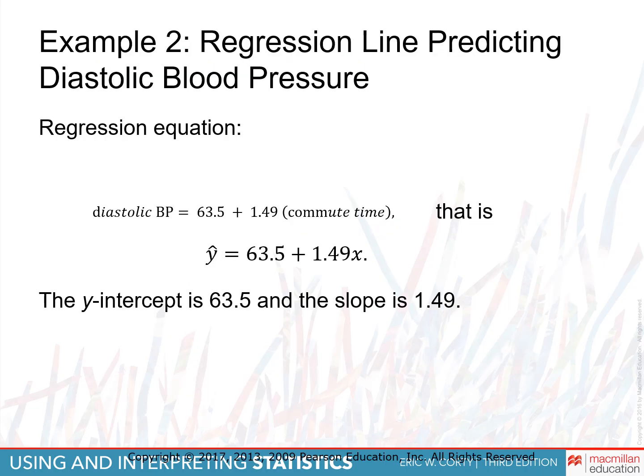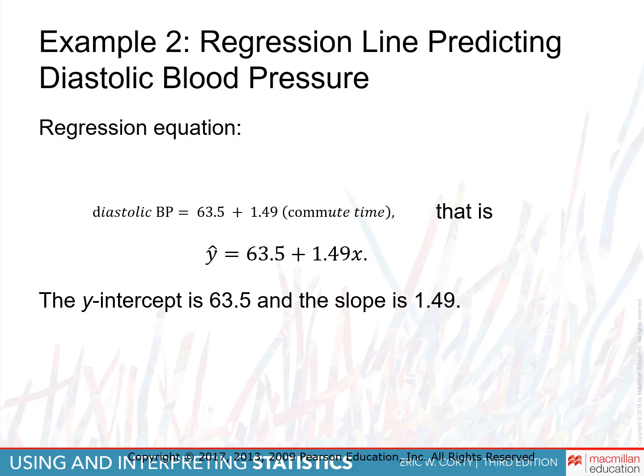Okay, let's add to our regression line by also including the y-intercept here. So let's say we have a regression equation. Our diastolic blood pressure is going to be equal to 63.5 plus 1.49 times our commute time.